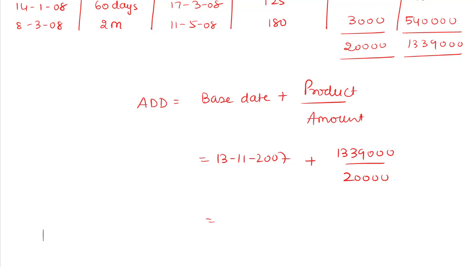Do it on the calculator. 13,39,000 divided by 20,000 is 66.95, so 67 days. 67 days from here, it is 19 January 2008. This is the average due date.